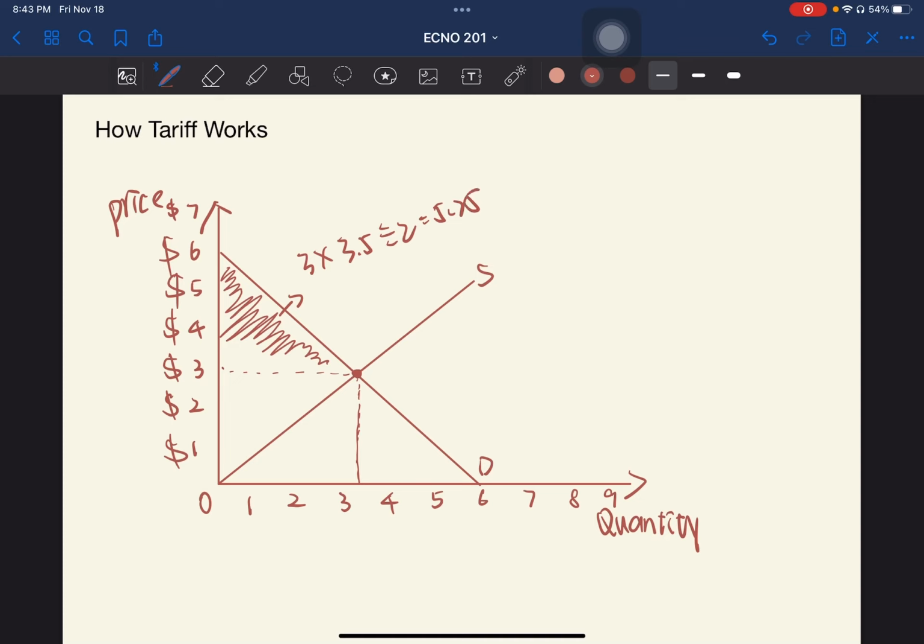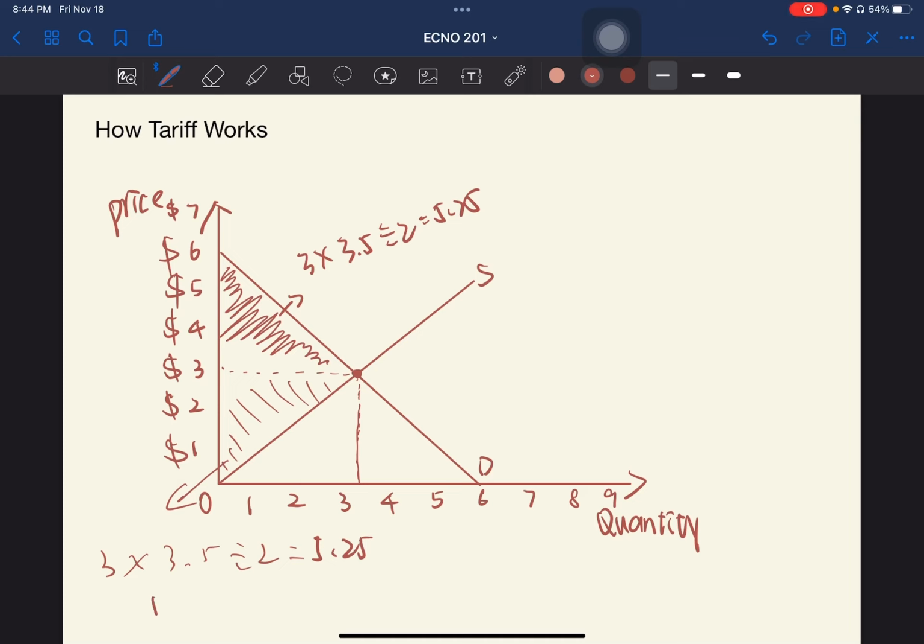And then the producer surplus will be this part above the supply curve and below the price. And this part will be 3 multiplied by 3.5 and divided by 2, and it is 5.25 as well.